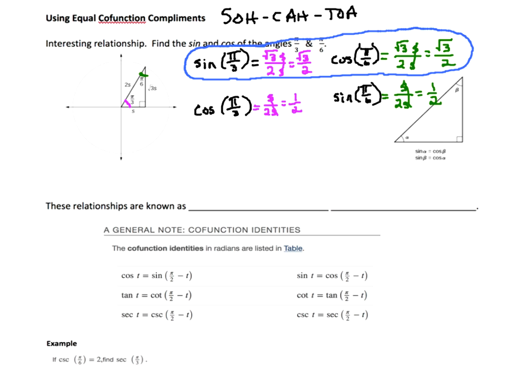And the same here. The cosine of the angle is going to be the same as the sine of the opposite angle there. That's pretty interesting, isn't it?